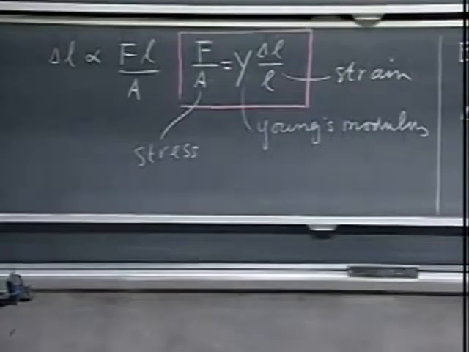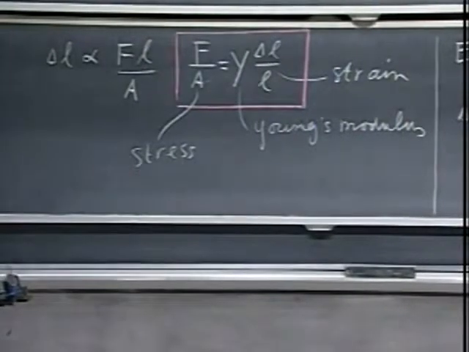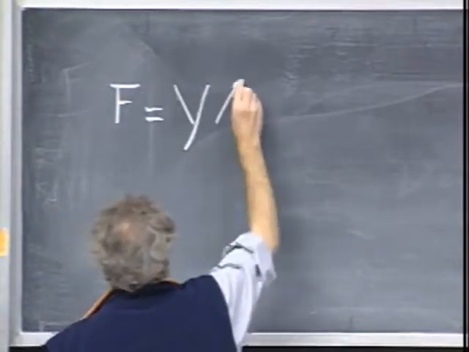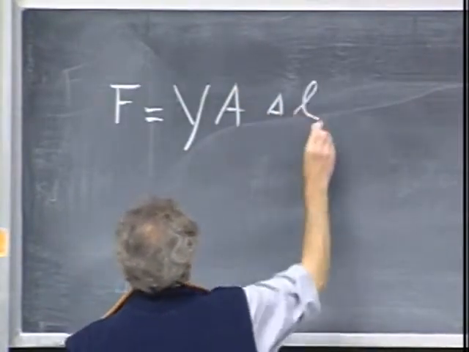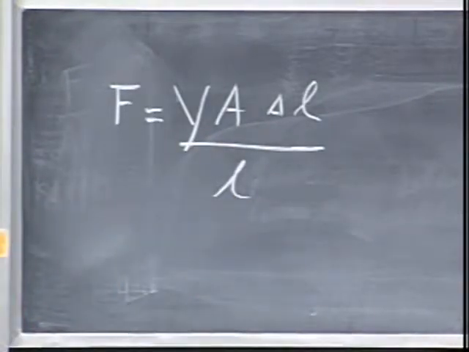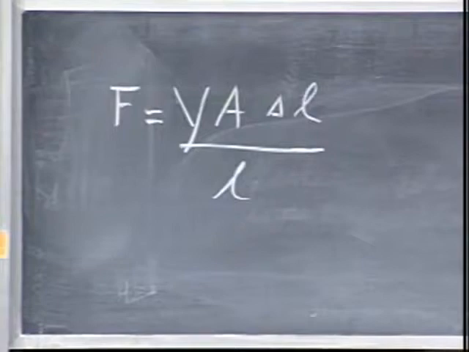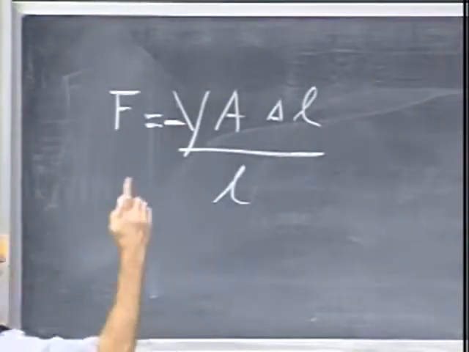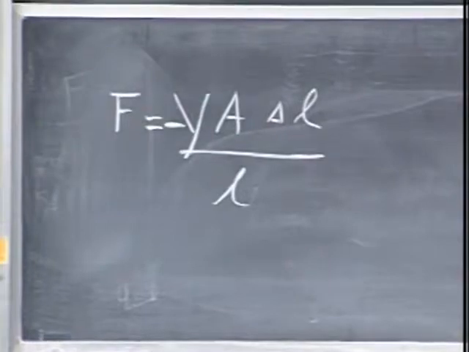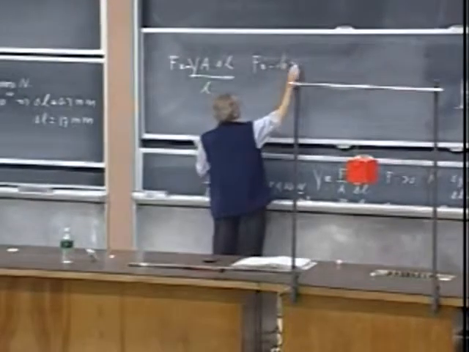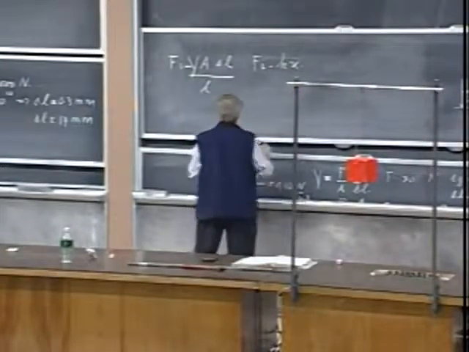So the force that you have equals Y times A times delta L divided by L. That's the force that I apply. So the spring force is opposing that. So the spring force has a minus sign here, if you indicate the direction. And so this is similar to F equals minus kx that you have seen with this spring.